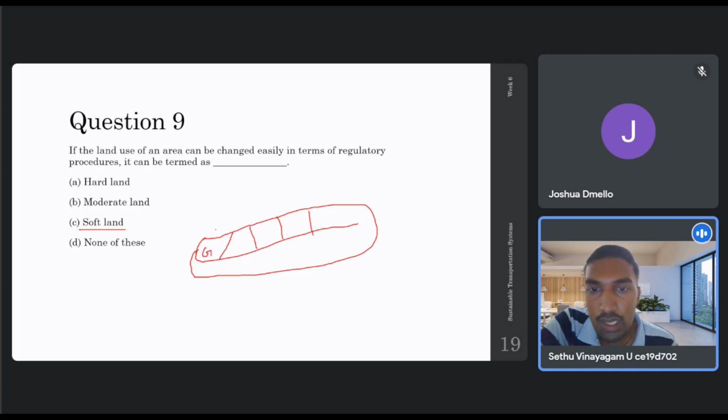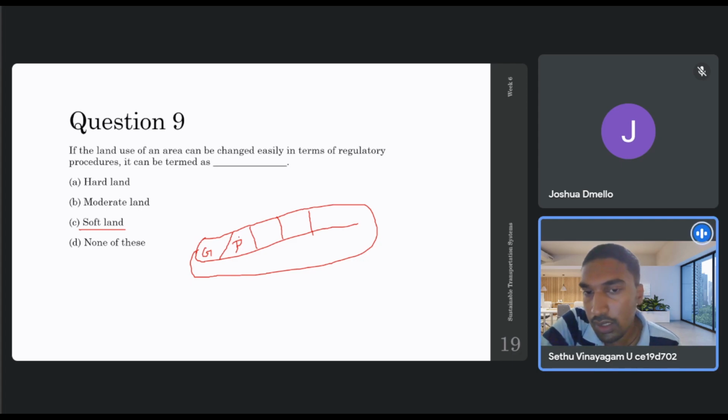There could be other types of land uses. For example, if it is privately owned land, then it is not easily changeable, because the owners would be using it for some purpose, but we may need it for a different purpose for our development.